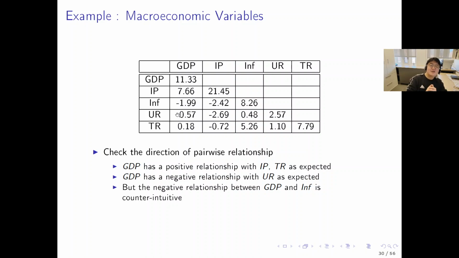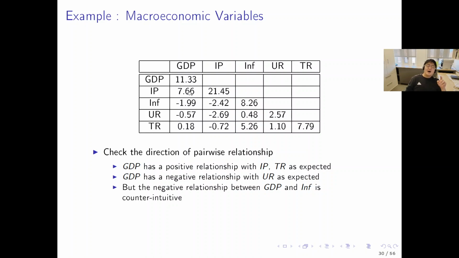We expect that when the economy is growing faster, inflation will also go up quickly, right? The price index will increase with the economy. But somehow inflation is negatively correlated with the GDP growth rate.